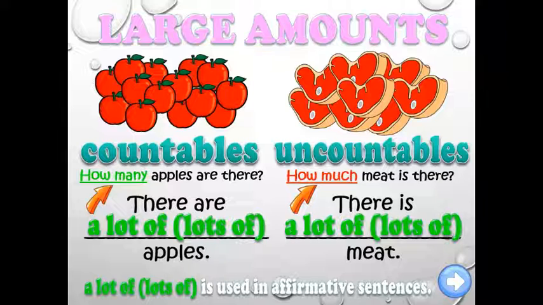But be careful. Another way to distinguish whether nouns are countable or uncountable is the verb. The verb with countable nouns is plural, while the verb used with uncountable nouns is singular.